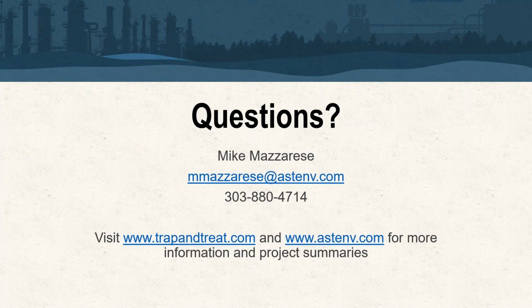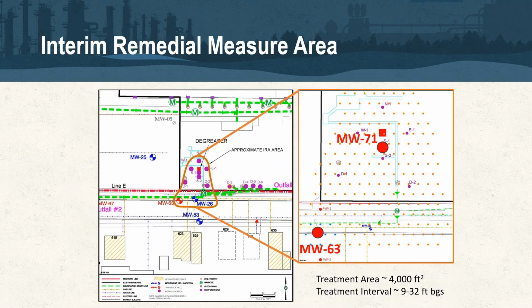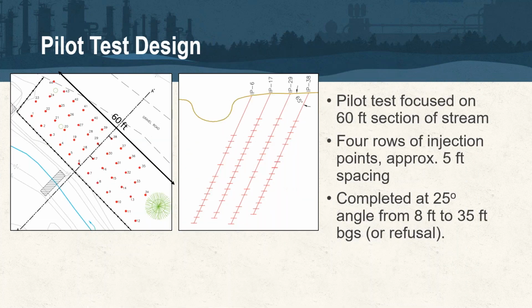Cool. All right. No problem. So in general, our application patterns are going to be either in a grid or in a PRB. So the PRB I showed here, this is kind of what a typical PRB layout looks like, and I would say the injection point spacing is pretty tight.